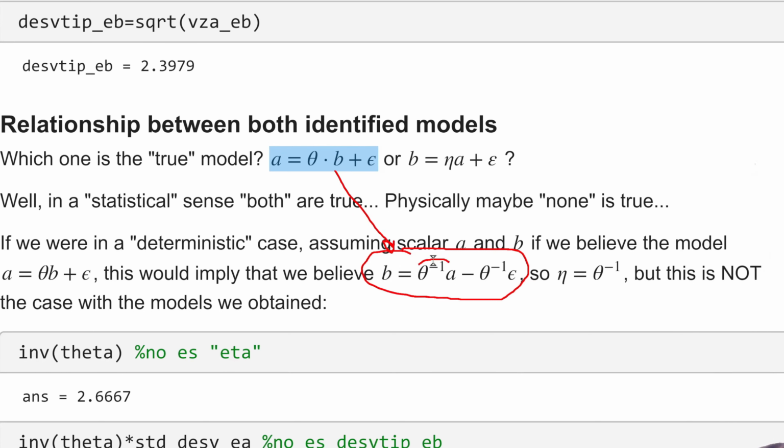So I would expect that eta is theta to the minus 1, and this epsilon has a standard deviation of theta to the minus 1 times the standard deviation of this other epsilon in the first model. Is it true? Well, not really.